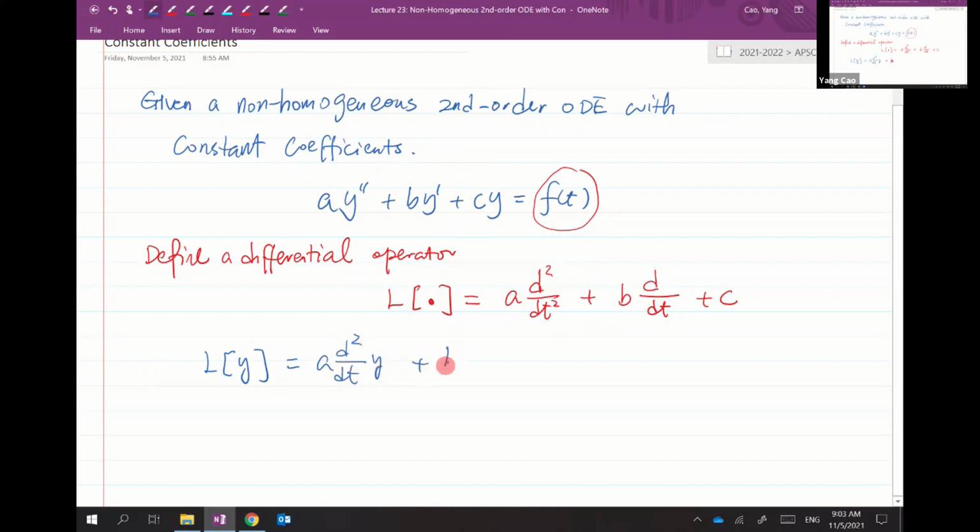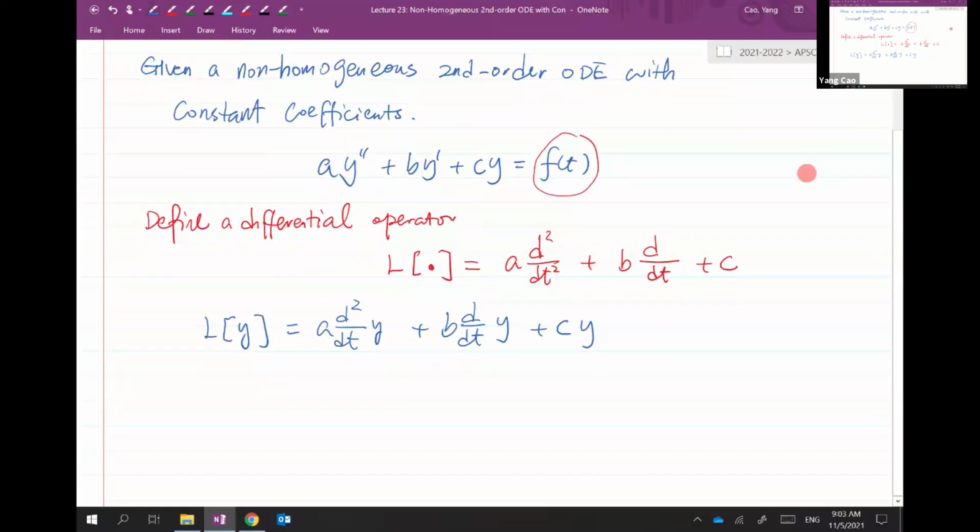That's the usage of this operator. So this non-homogeneous second order ODE can be shortened to writing Ly equal to f of t. With this definition of operator, my non-homogeneous second order ODE with constant coefficients can be shortened into this writing.